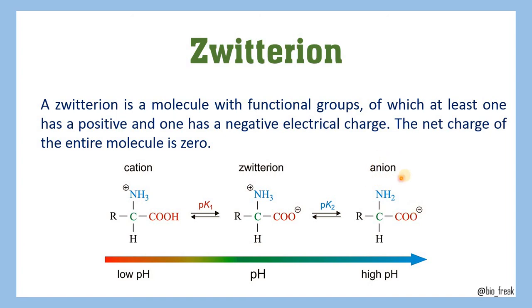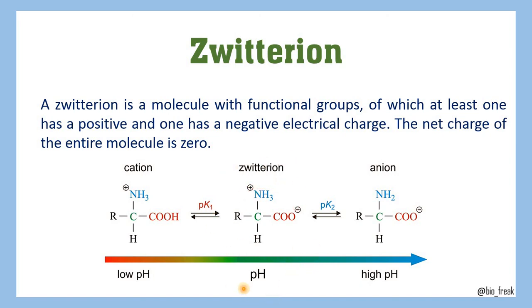So what happens here is that there is an anion formation, whereas at the physiological pH, what happens is that there is zwitter ion formation, wherein a particular molecule will have both positive and negative charge, and the net charge is 0. This happens at physiological pH.